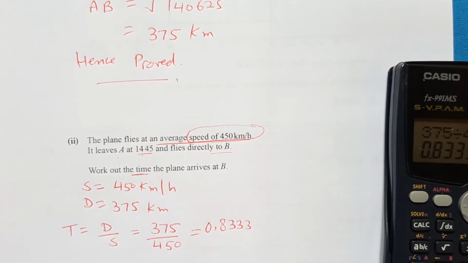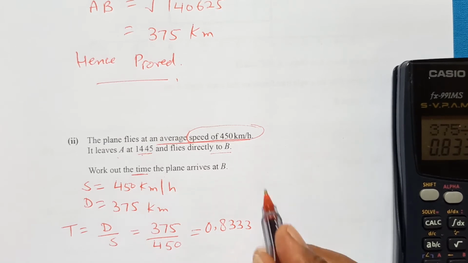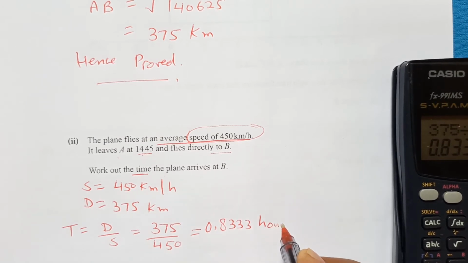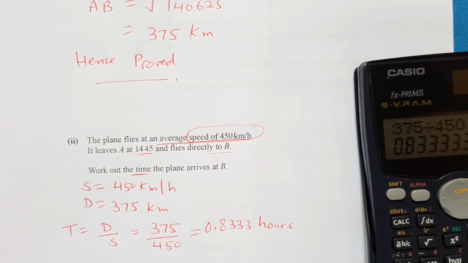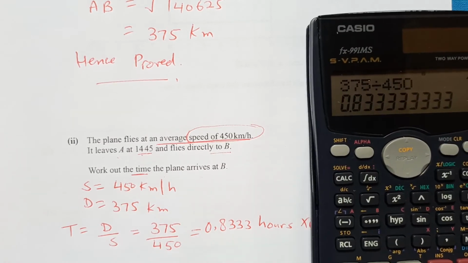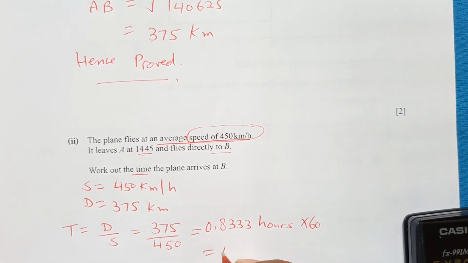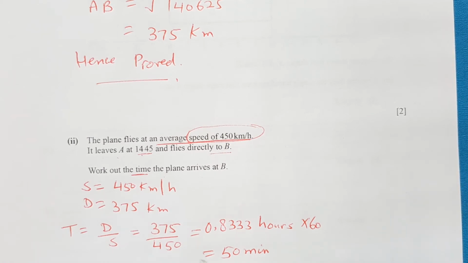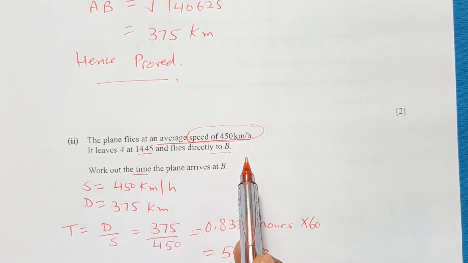This time is in hours, so we need time in minutes. If you multiply this answer by 60, it is 50. So that means the plane takes 50 minutes to reach from A to B.